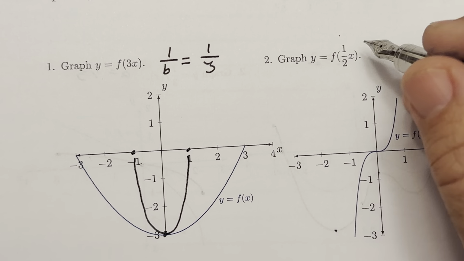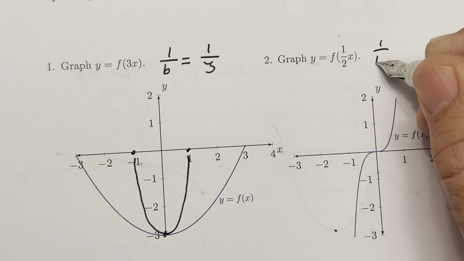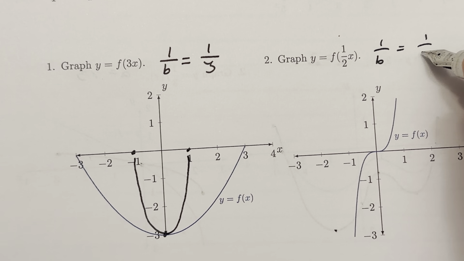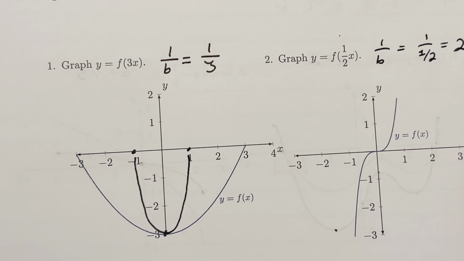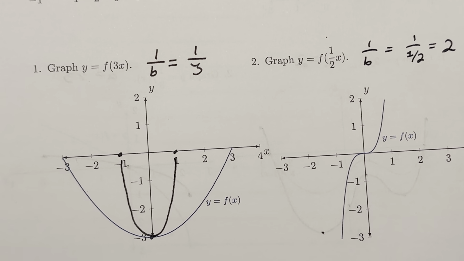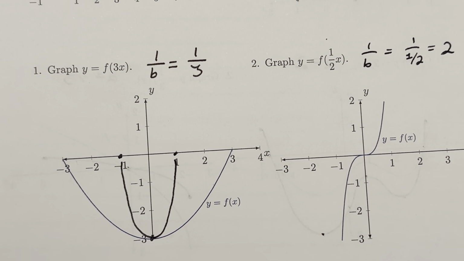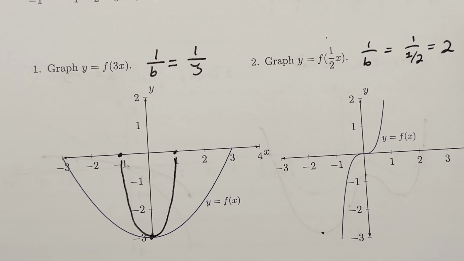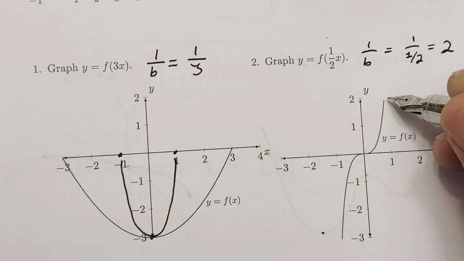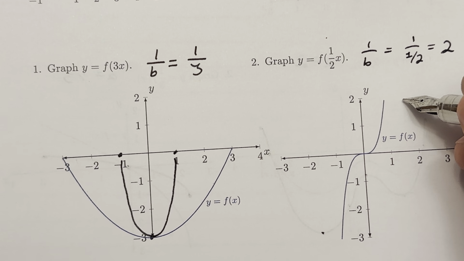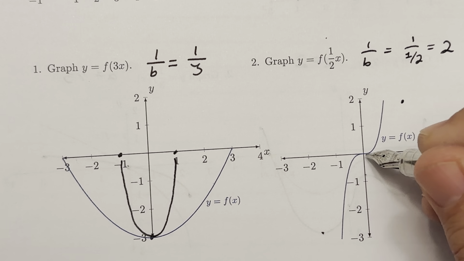Now over here, 1 over b is really 1 over a half, which becomes 2. So that is our horizontal stretch factor. And so this point, where it comes out to 1, now it comes out to 2. Right here, we'll go ahead and connect these right now.